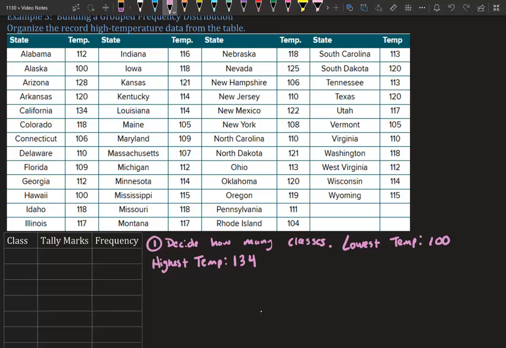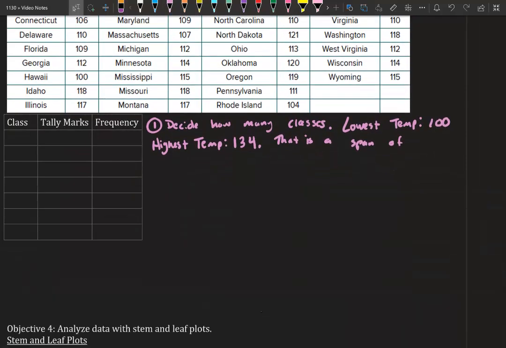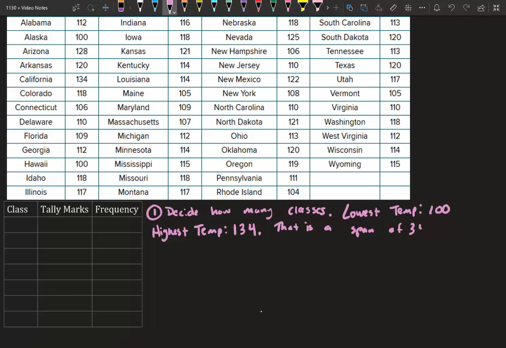So that is our highest temperature and our lowest temperature. That's a span of 34. So there's 34 in between them.